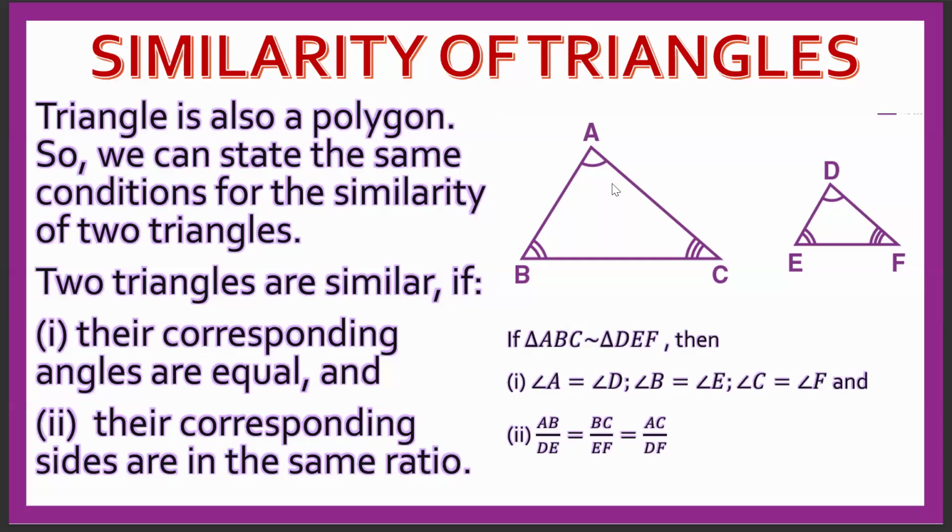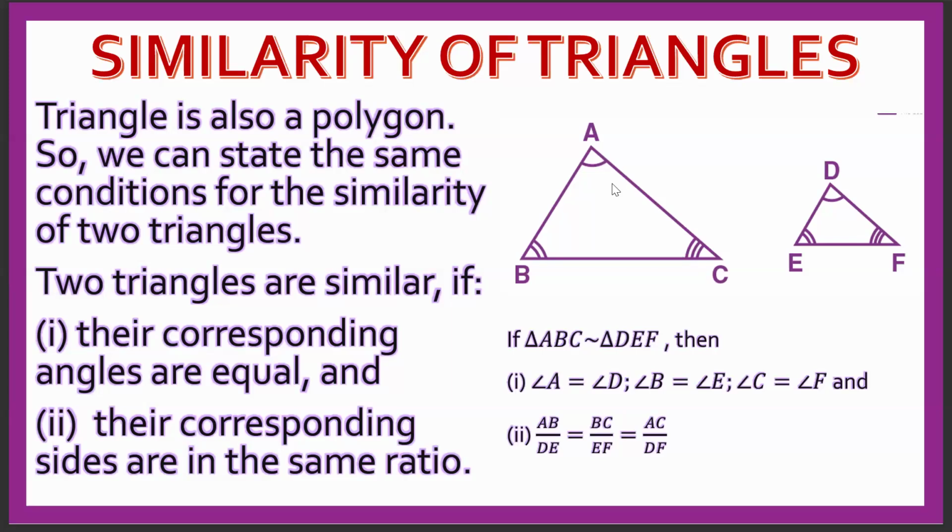Suppose we have two triangles ABC and DEF, and corresponding angles mean that angle A corresponds to D, B corresponds to E, and C corresponds to F. In some figures A may correspond to F, but here you see that A corresponds to D, B corresponds to E, and C corresponds to F. So the corresponding angles are equal.